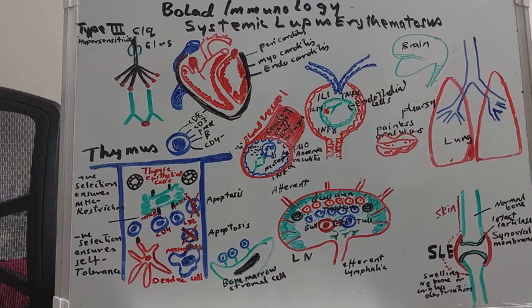So now I'm going to talk about the predisposing factors or the exact causes. The exact causes of SLE are largely unknown, but we believe it could be linked to environmental, genetic, or hormonal factors and defective immune system regulatory mechanisms.